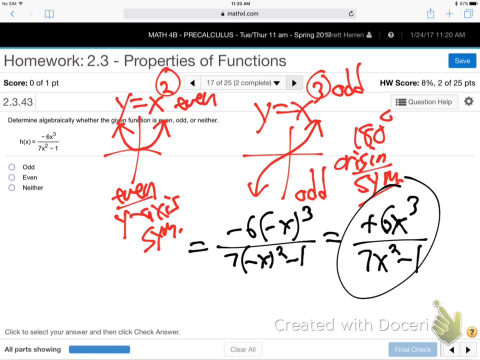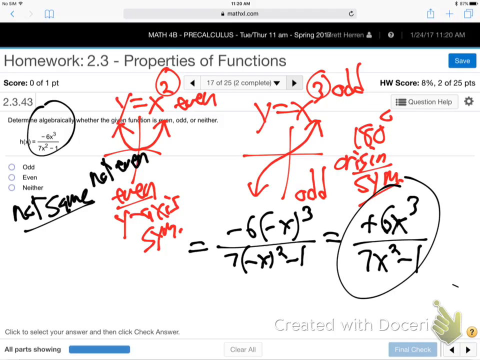So how does this compare to the original? Is it exactly the same? No. It's not exactly the same. So not the same, so it's not even, therefore.